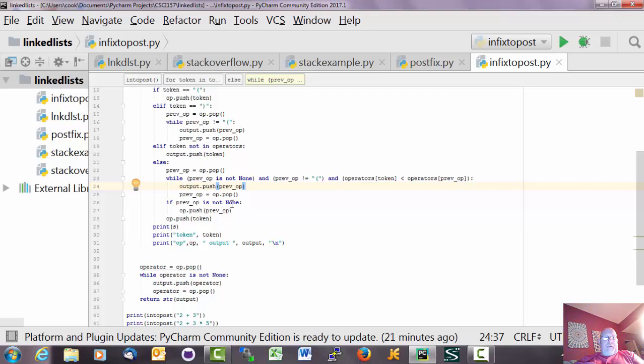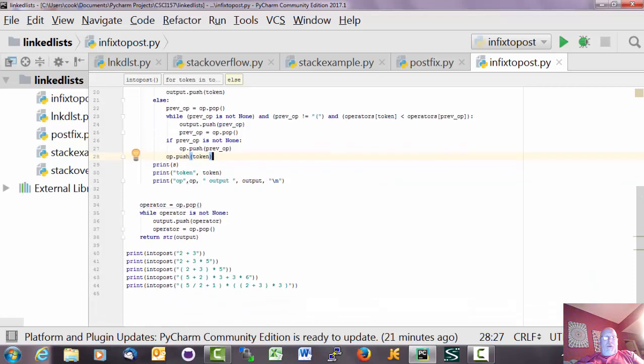And then once we're done, if the previous operator is still not none, that means we've encountered an operator that has the same order of precedence or a left parens on the stack, and we need to put that back onto the stack. When we do a pop, we've taken it off the stack, we need to put it back. And then after we've popped all of the operators of higher precedence off from the stack, we take the current token and put that on the stack. Alright.